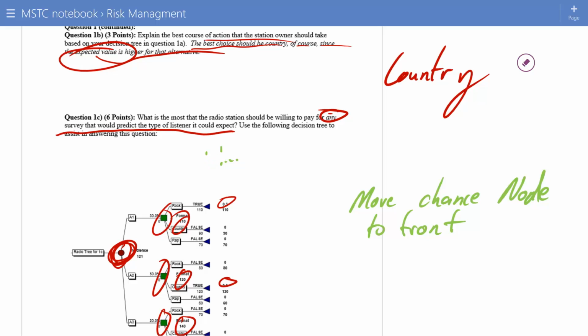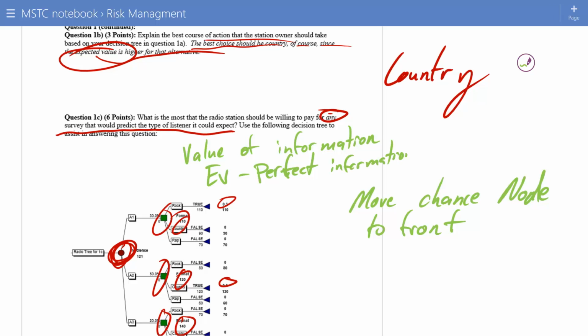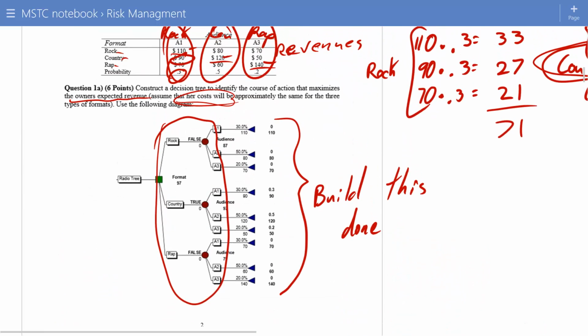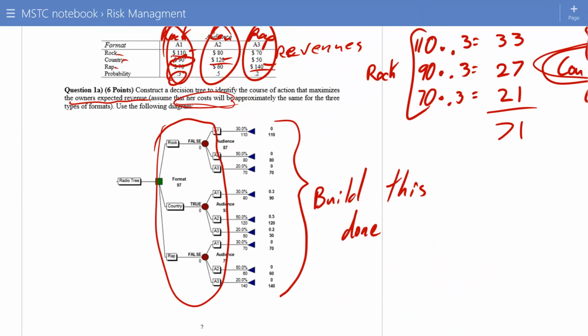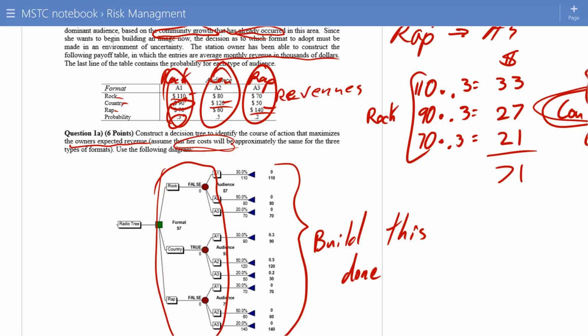So it's the value of information, is what he called it. Expected value of perfect information. That's what EVPI means. That's when you do it. Okay, so this is our imperfect information. You switch whenever you've got imperfect information. That's when you move the chance node to the front.